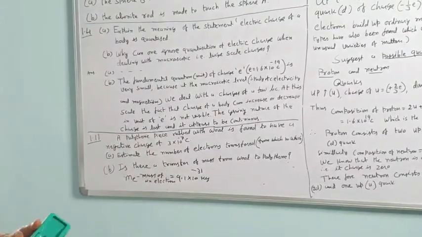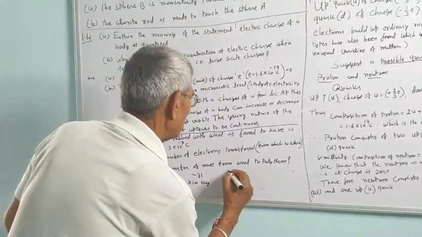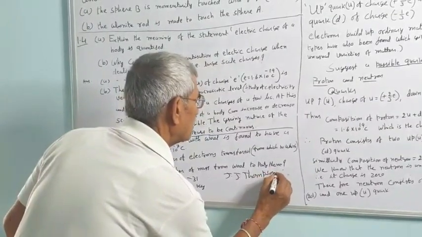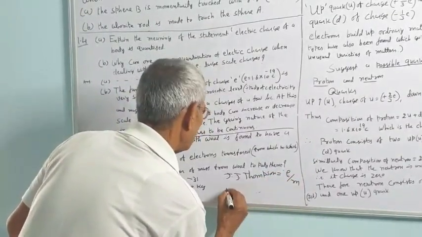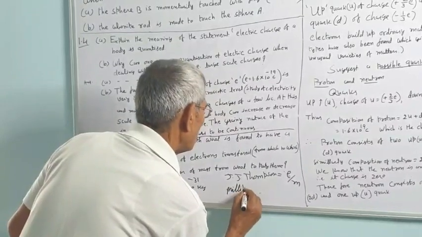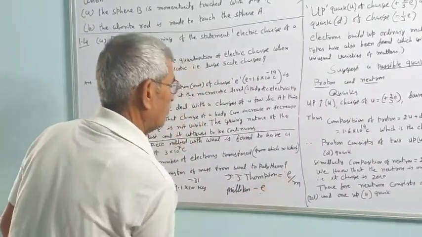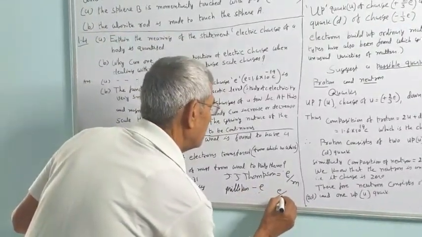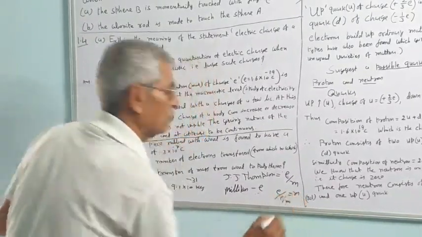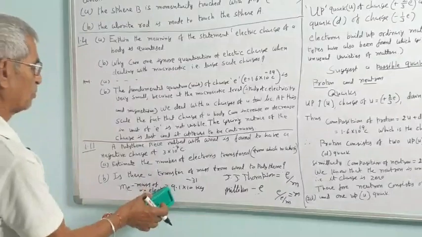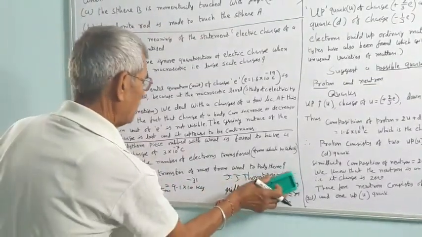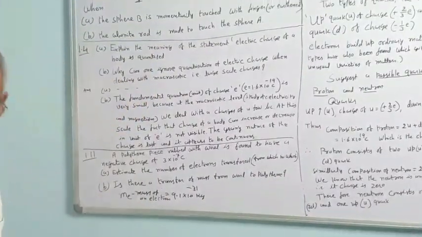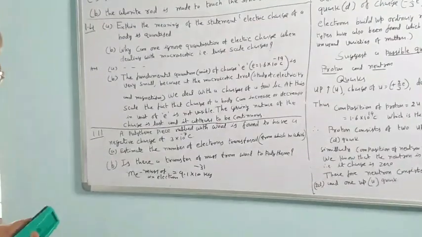J.J. Thomson measured the e by m of the electron, and Millikan measured the charge e. If we take the ratio, e divided by e by m, that is equal to m. This way the mass of an electron was measured. It was found to be 9.1 into 10 raised to minus 31 kg. Millikan was awarded a Nobel Prize for measuring the charge of an electron.